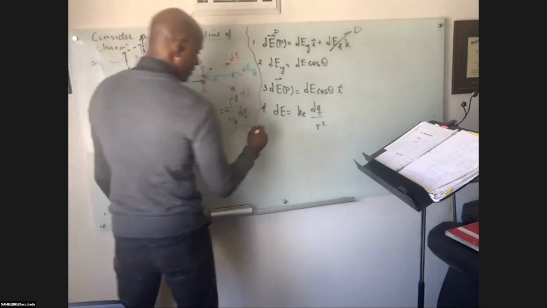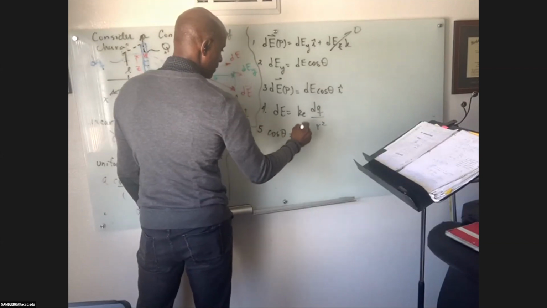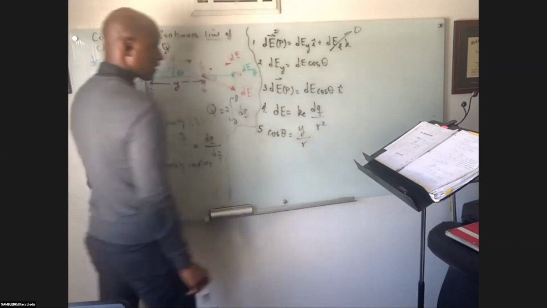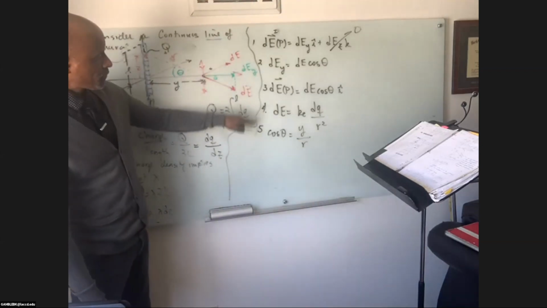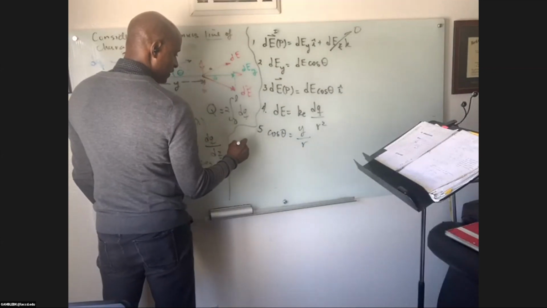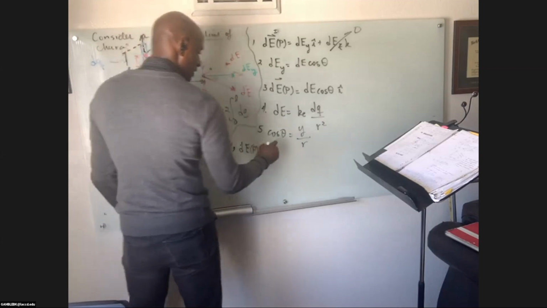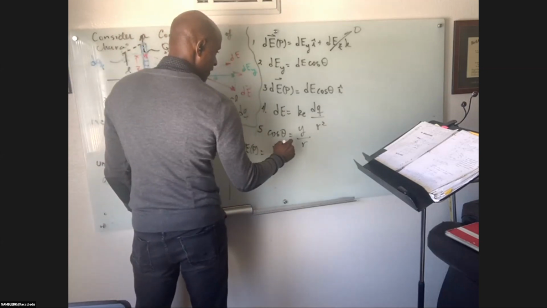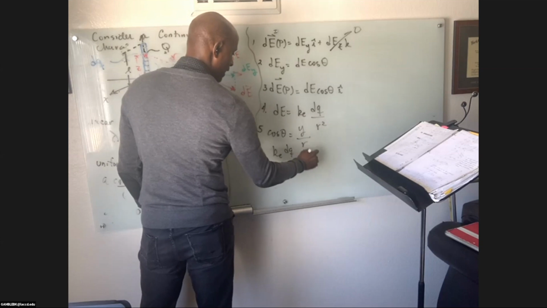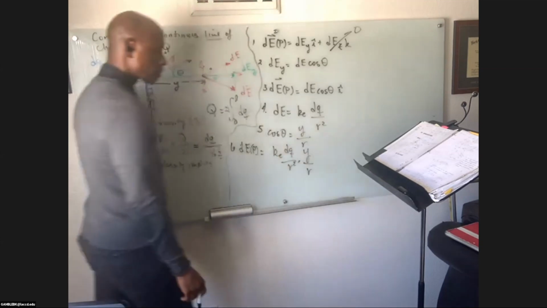So cosine theta is equal to y, which is constant, over r, which is a variable. So when I put equations 4 and 5 into 3, I see that my electric field at point P is equal to k_B dq over r squared, times y over r.